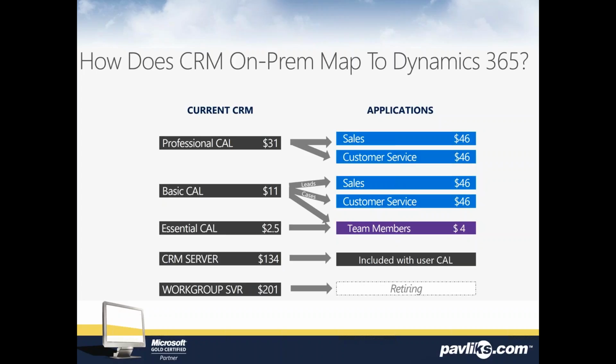If you bought your license on-premise and paid for it all up front in what's called the Microsoft Open Business License, you essentially agreed to a 2-year contract where you get the latest version for the next 2 years, even though you paid all up front. So at the end of that 2-year period, if you want to maintain access to all the latest versions of Dynamics 365, at that 2-year renewal point is when you have to decide how you are going to transition.